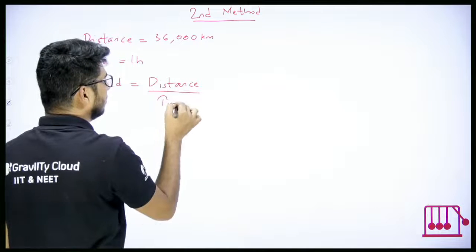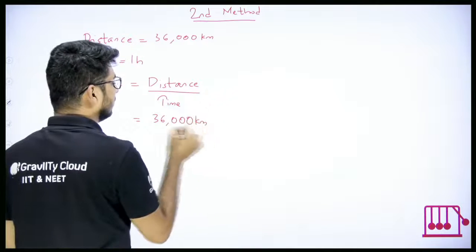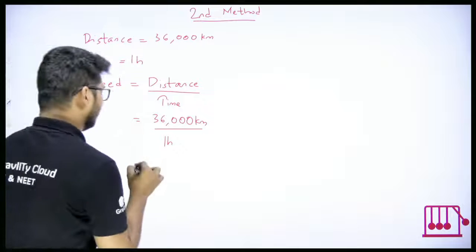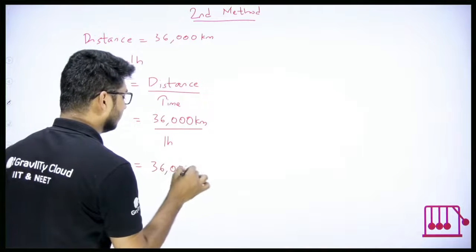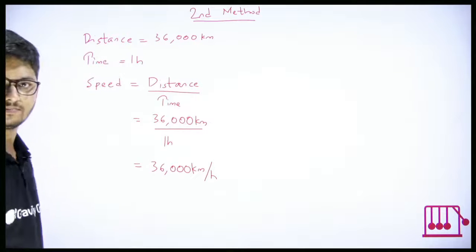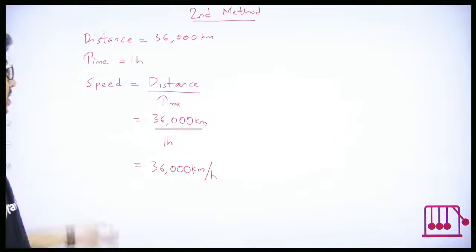Distance is 36,000 kilometer. Time is 1 hour. 36,000 by 1 is 36,000 itself. So 36,000 kilometer per hour.